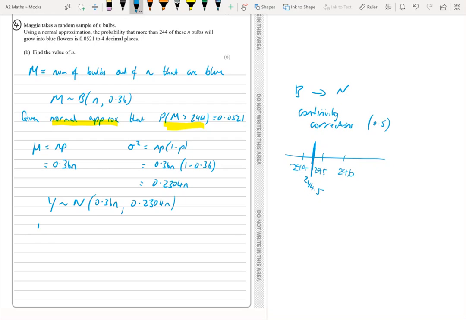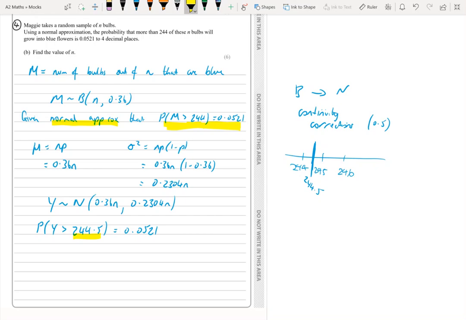So in our normal world, we're told that the probability that Y is greater than 244.5 equals, now what was it before? It was 0.0521. So we've taken this binomial statement, and with that continuity correction there, rewritten that statement for our normal approximation.